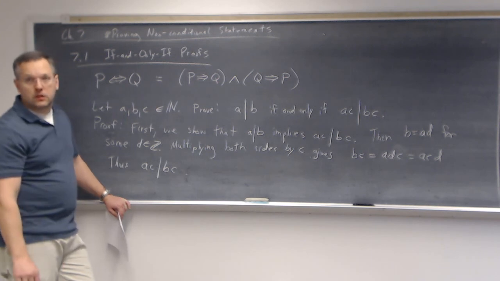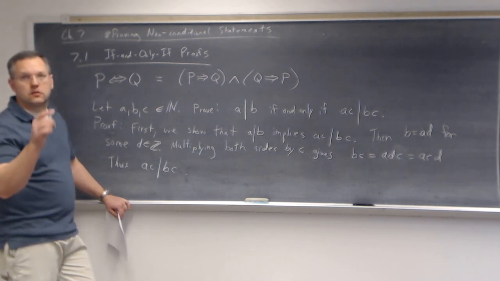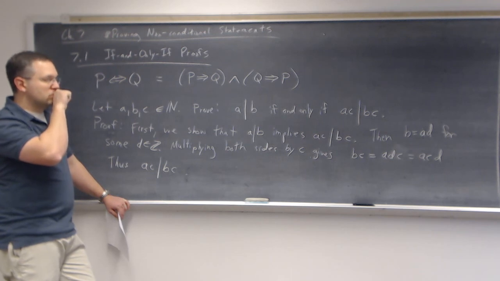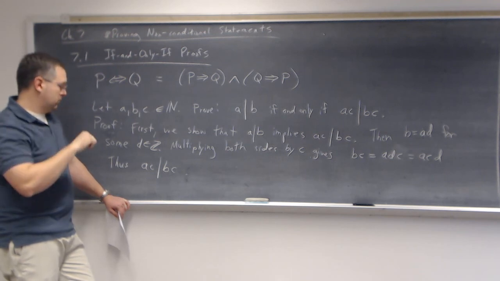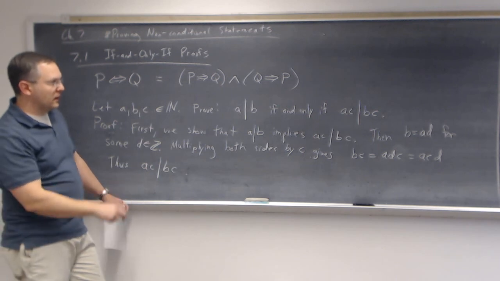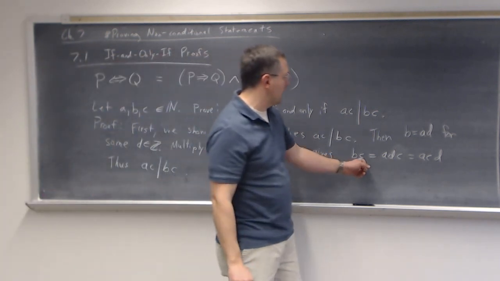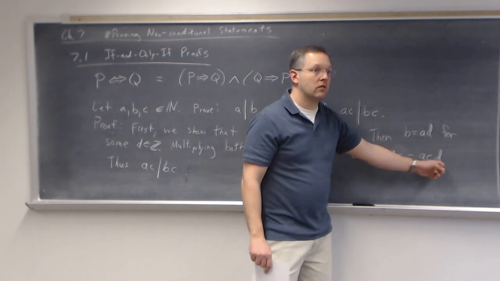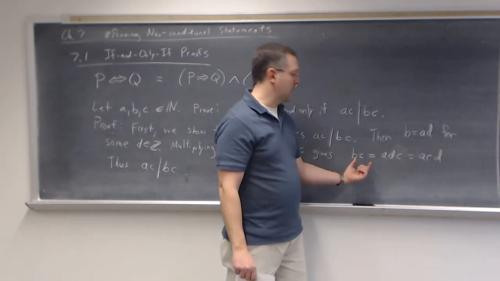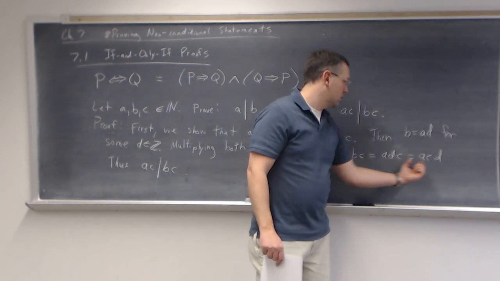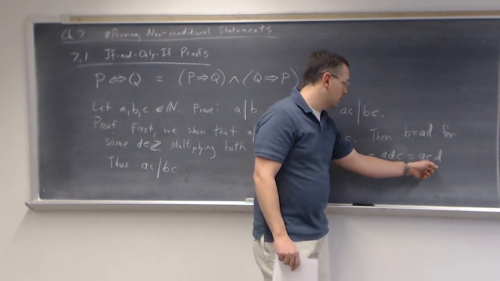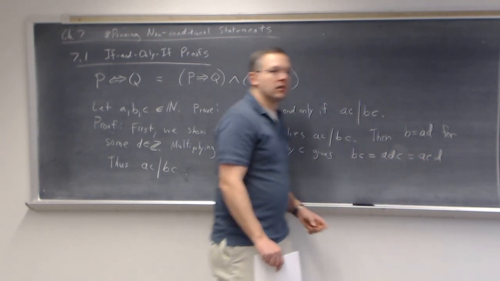Okay? Any questions? Yes? You don't have to point out that it is a multiple before you say AC divides BC? So maybe I should say then BC equals ACD? Is that what you're saying? I kind of jump from BC equals ADC to ACD, but doesn't this show that BC is AC times an integer?